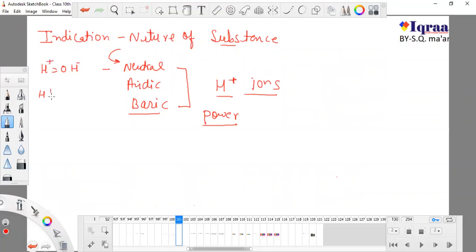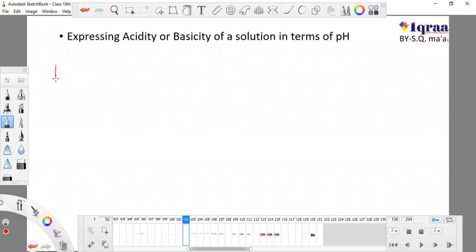The power of H plus ions is more in an acidic solution. It could be slightly more or much more. The power of H plus ion is very low in a base, and the power of OH ion will be more in a base. So we don't need to mention the OH, we just have to mention the H plus ions, and this is known as the power of H plus ions.